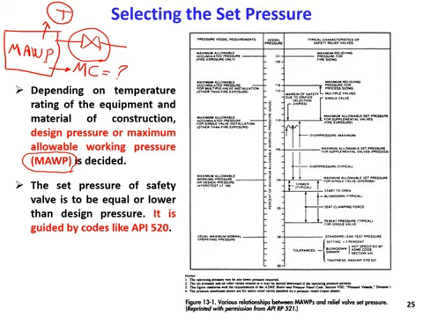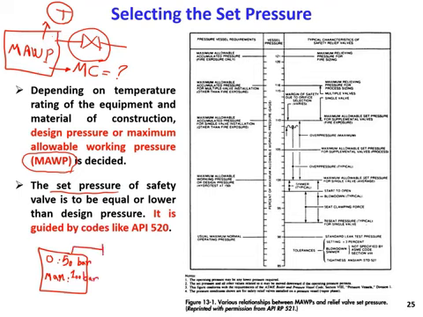And the set pressure, I already talked about it. Let's say for this reactor, the operating pressure is 50 bars. The maximum pressure that it can undergo is 100 bars.